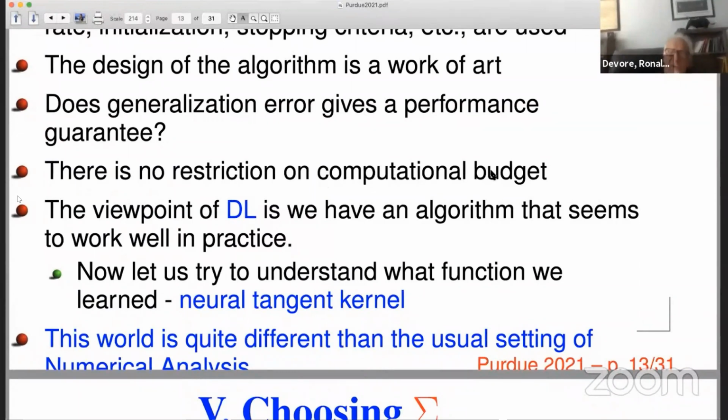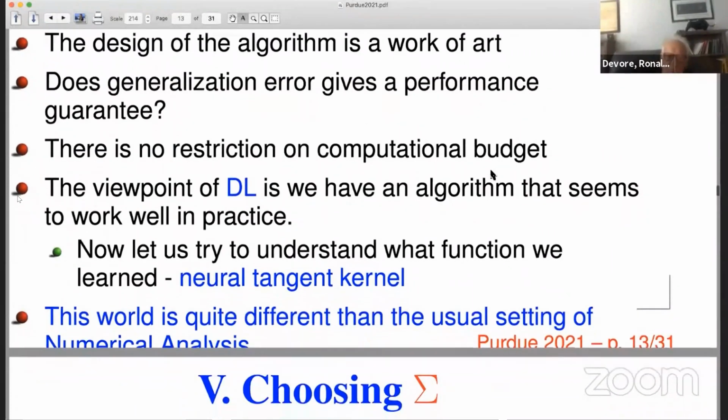Another point, which I'll say something briefly on a little later, is that there's no restriction on the computational budget. That is to say, how long do they spend offline learning F hat? How many iterations of gradient descent? How much tweaking? What do they do offline? This is contrary to what we do in numerical analysis, where we sort of say, well, we know that the more computation we do, the better. So we're interested in what is our error versus the amount of computation.